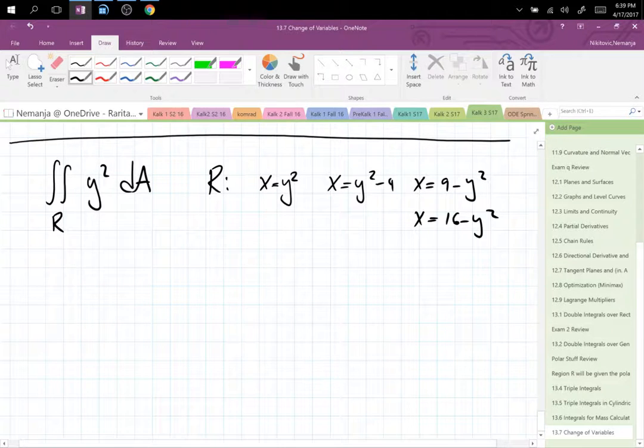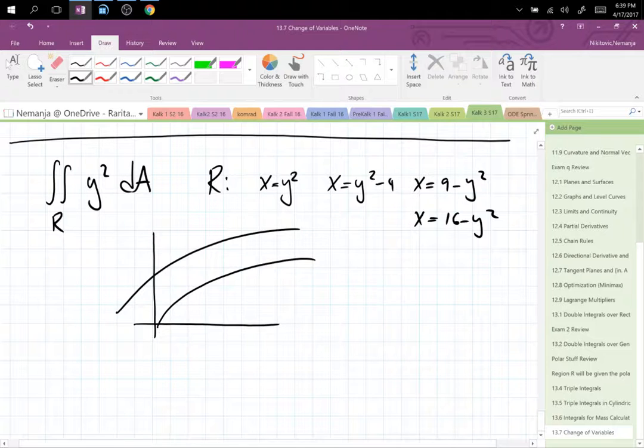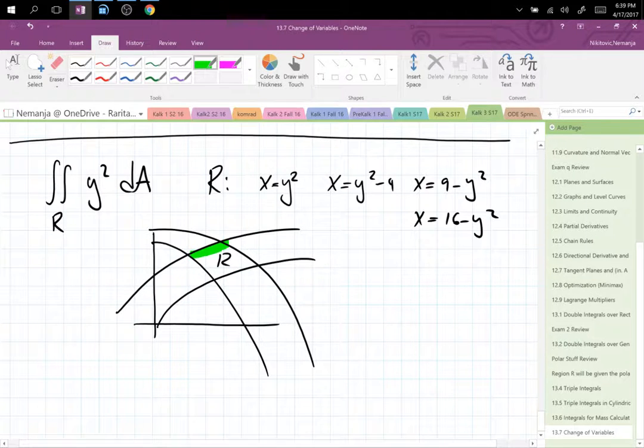So now that is the series of these parabolas that go like this, and your region R is here. And it's absolutely crazy.